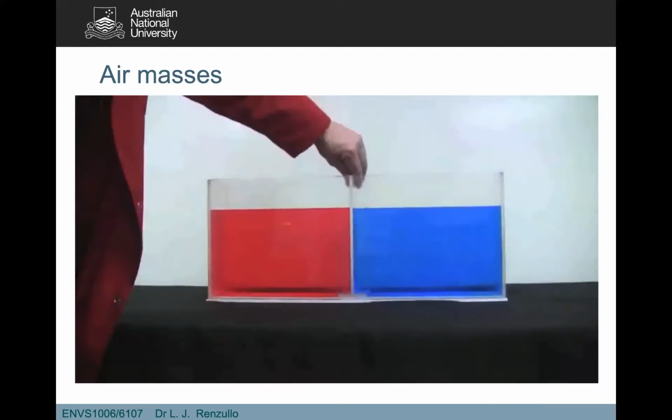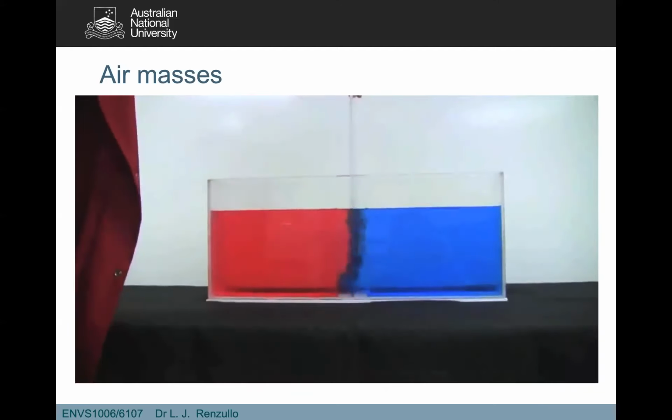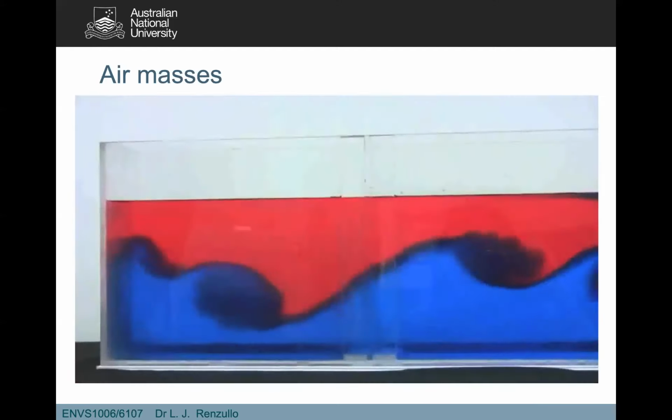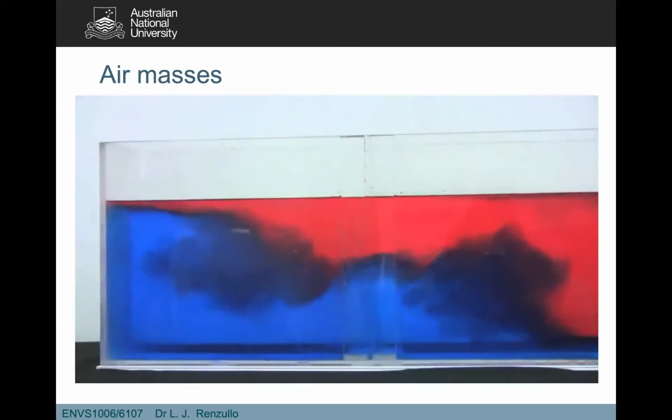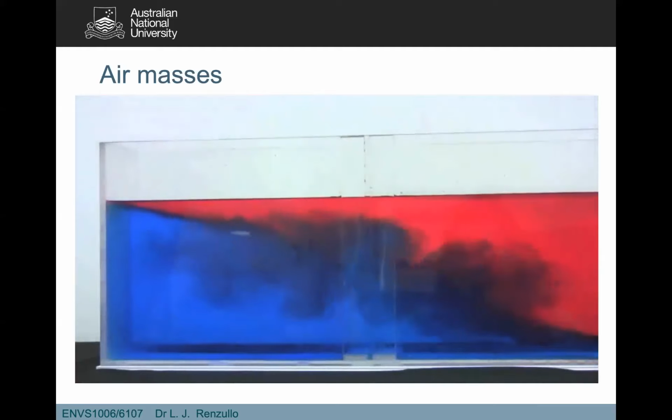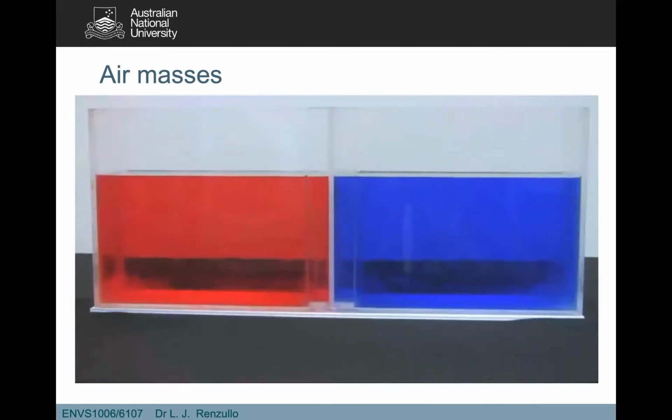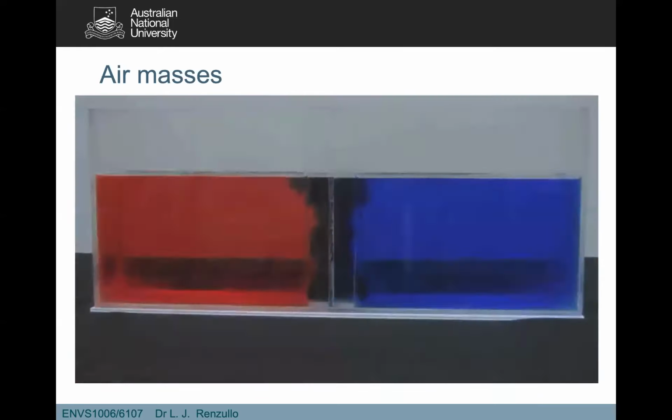There's a nice animation to show that idea. We've talked about this before, but I think this graphic shows it nicely. What you have in red there is warm air, and in blue you've got cooler air. We recall that cooler air is more dense and it displaces the warmer, less dense air.